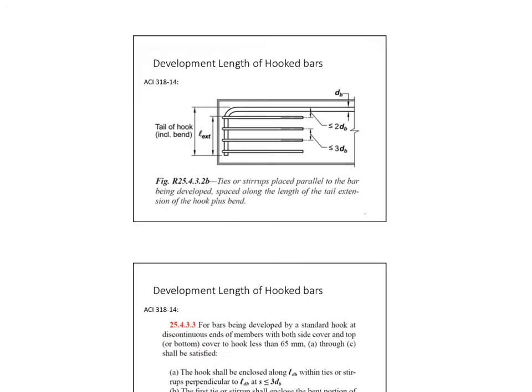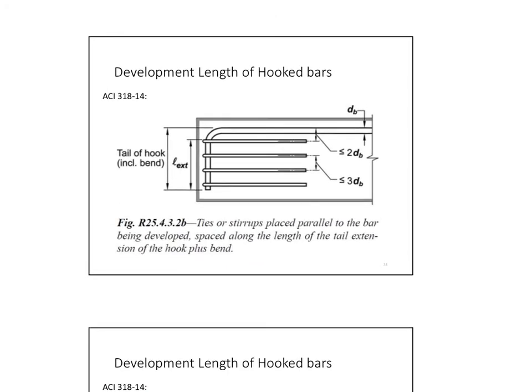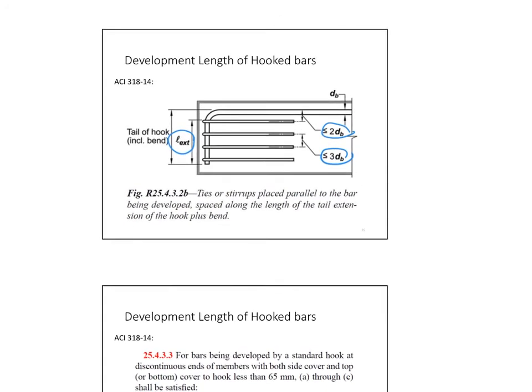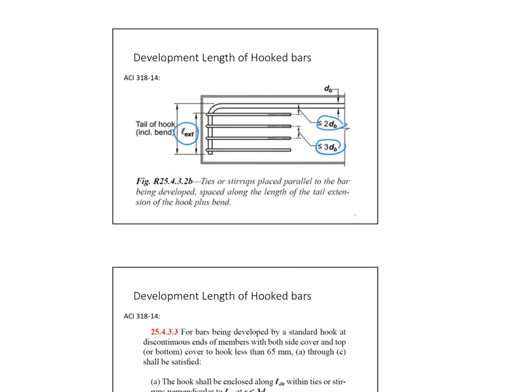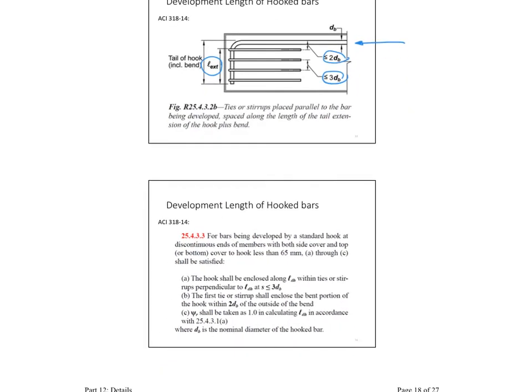And then the other shape of the hook bar, if it's confined perpendicular to the hook, the same thing applies, which is the spacing being less than 3 dB, and the first one less than 2 dB along the extension length of the hook. This normally happens when you are confining with column ties, confining the beam reinforcement being developed with hooks.